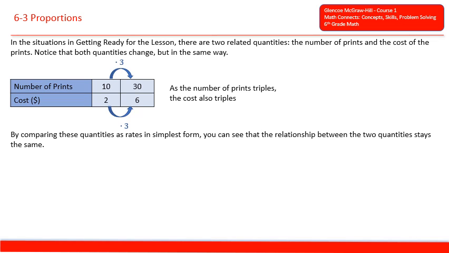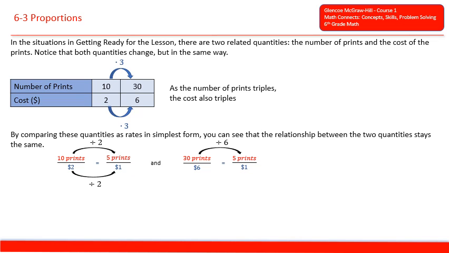By comparing these quantities as rates in simplest form, you can see that the relationship between the 2 quantities stays the same. 10 prints for $2 equals 5 prints for $1. And 30 prints for $6 is also 5 prints for $1.